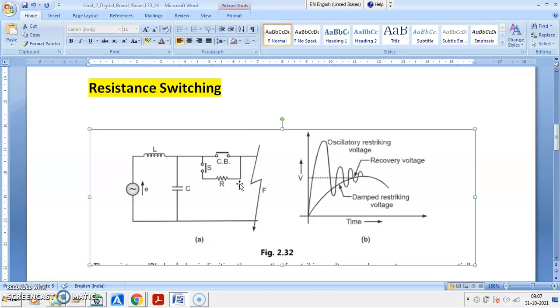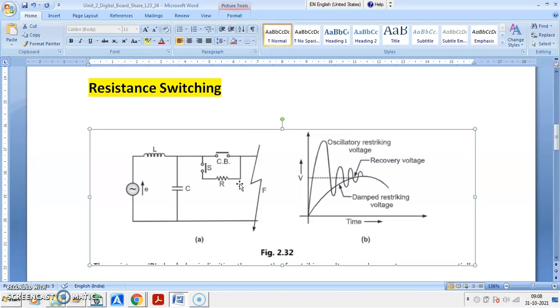So when there is arc between the circuit breaker contacts, it separates, and after first arc extinction, switch S opens depending upon the time of delay provided to it. What happens initially? What is exactly the provision made?